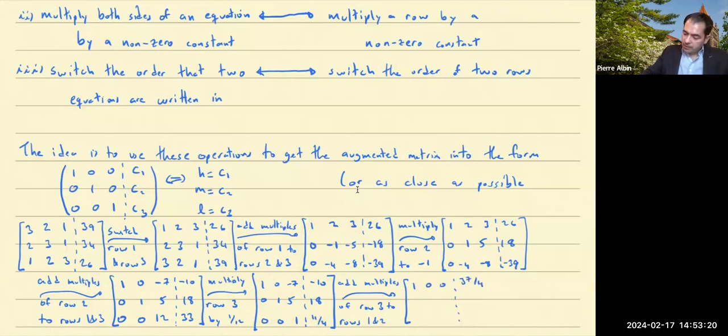And then for the second row, I'm going to multiply this row by -5 and add it to this one. So I'm going to end up with 0, 1, 0, and then 17 divided by 4. And then nothing happens to the third row, 0, 0, 1, 11 divided by 4.